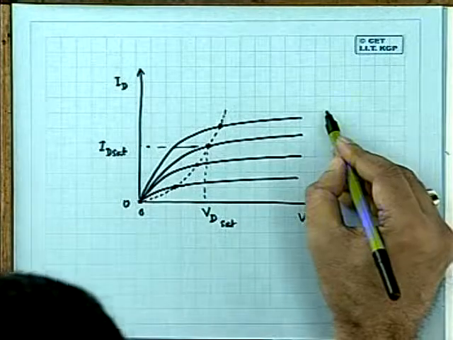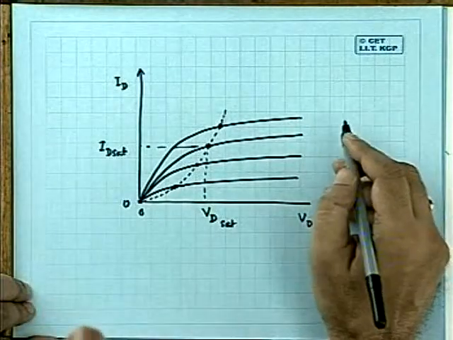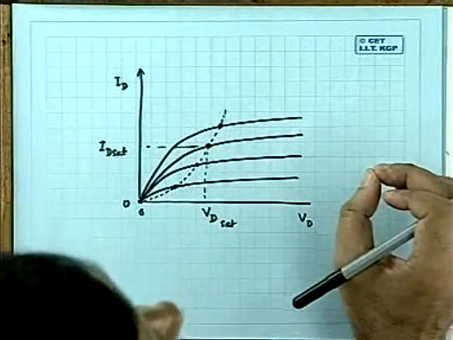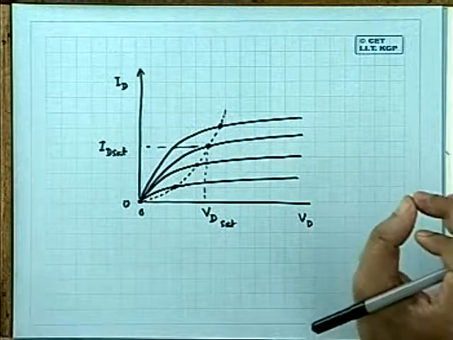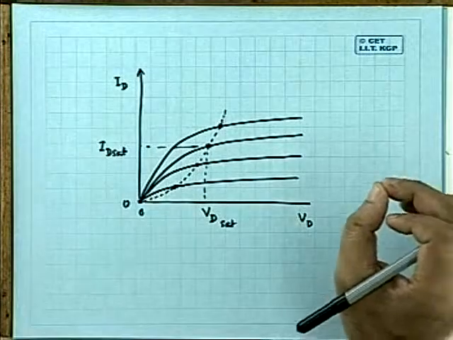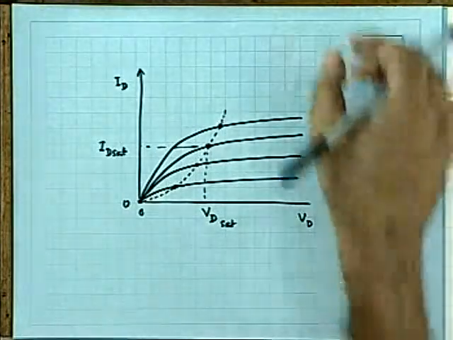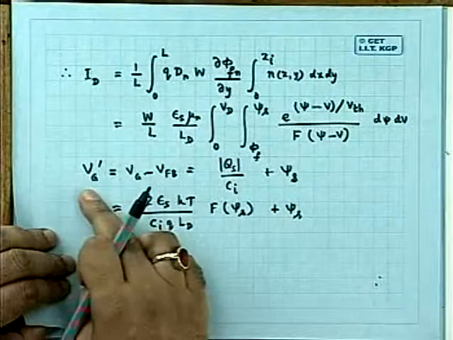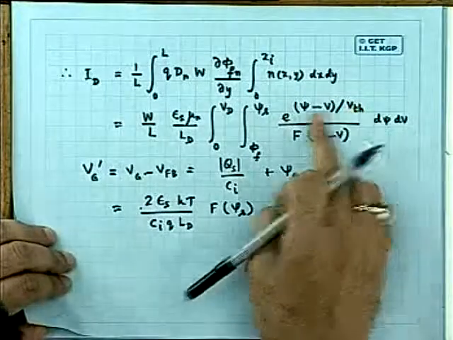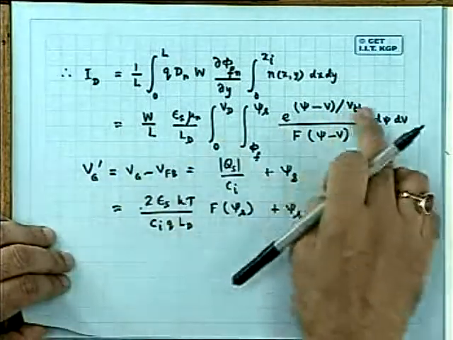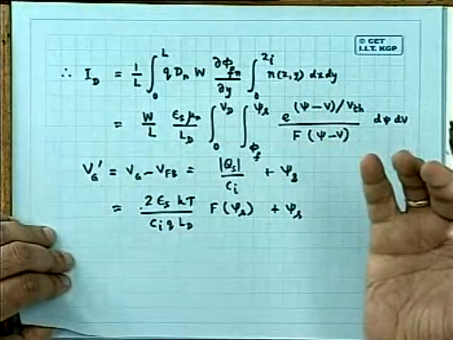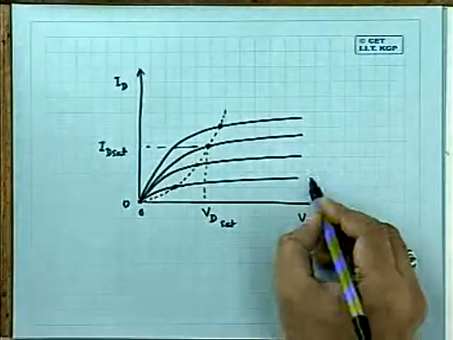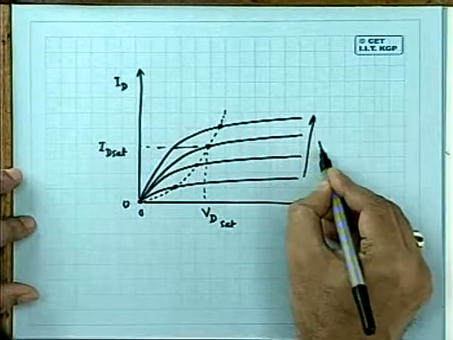So if some of you are interested, you can take it as a challenge. You take a device, write a small computer program to solve this ID equation numerically for given values of Vg and Vd. For any values of Vd and Vg, and of course for a given structure, you can compute ID as a function of Vd for different values of Vg dash.